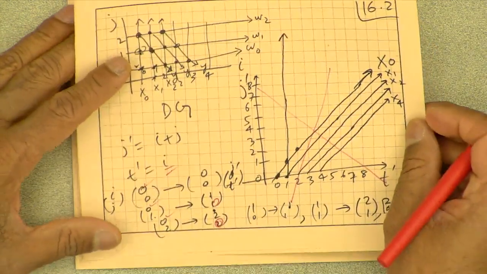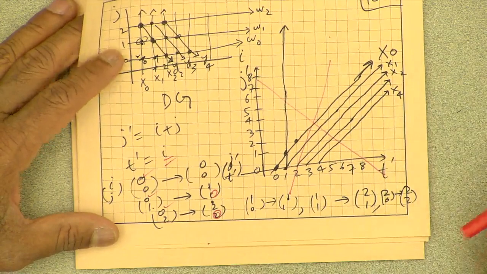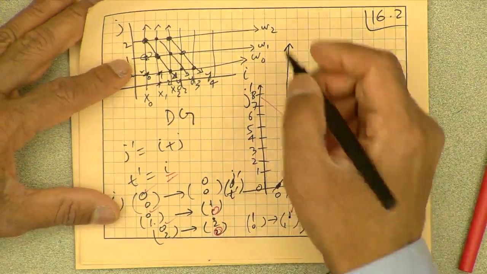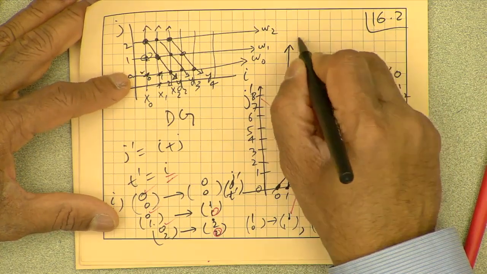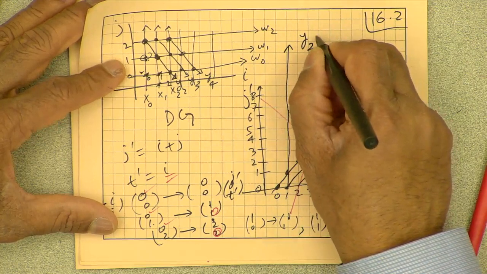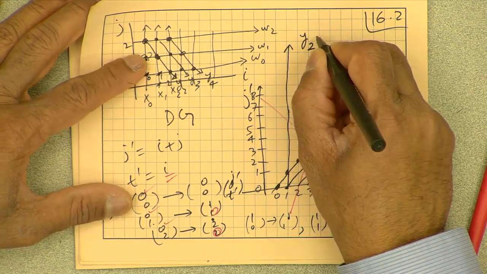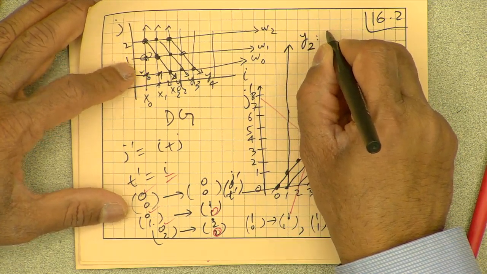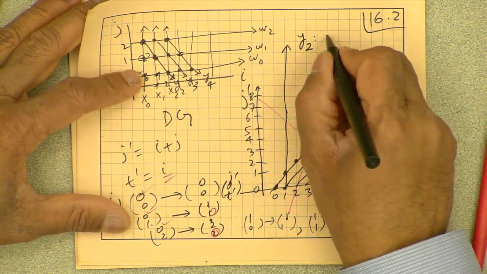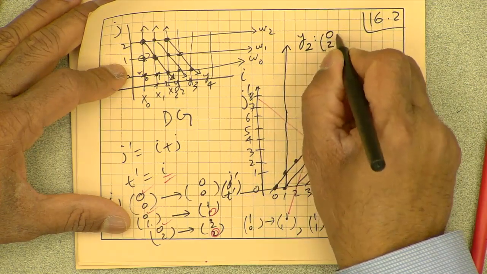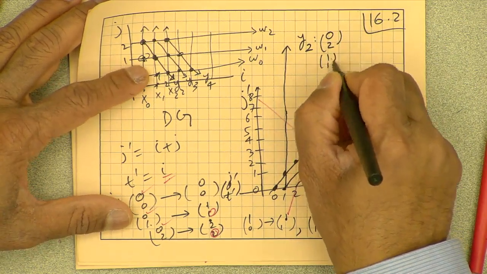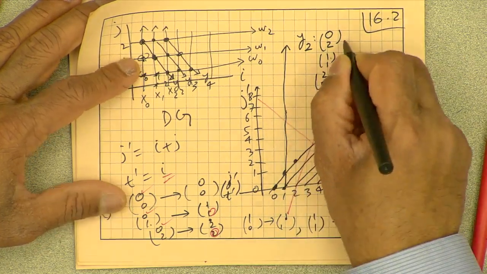Why did they get switched? Let's take 2 points of y. y2 is, I see the mistake. So y2 is 0, 2, and then the next point is 1, 1, and 2, 0.